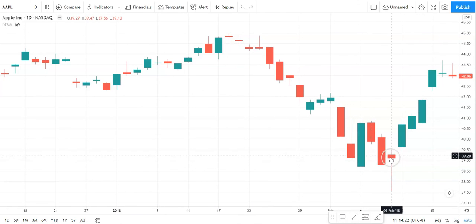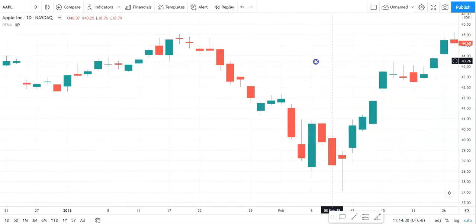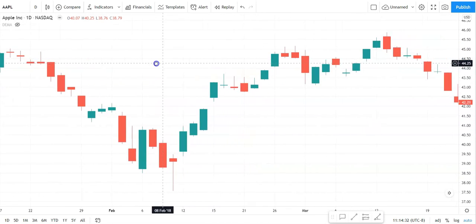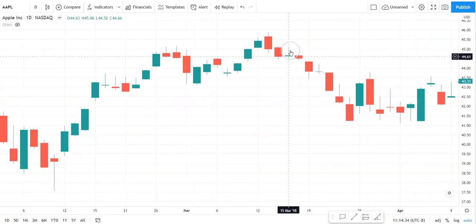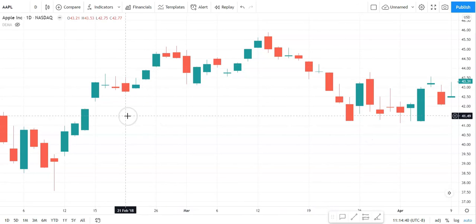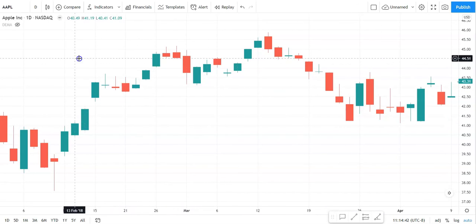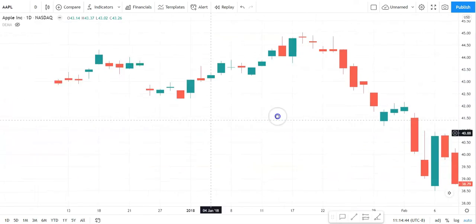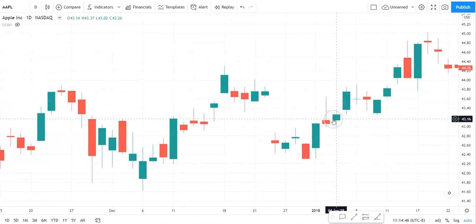So a long lower wick is going to mean a good percentage of the time, not all the time, we're going to go up after, right? A lot of upper wicks mean we're going to go lower. So that is how candlesticks work and how I use candlesticks.